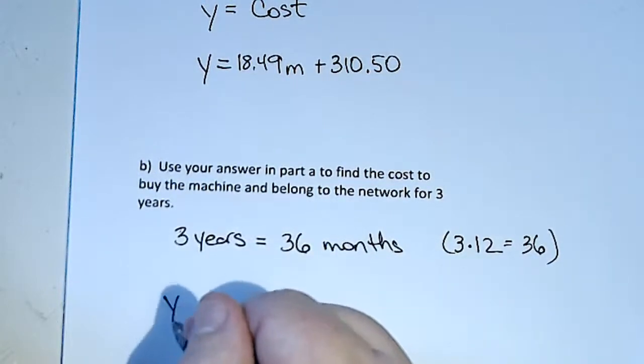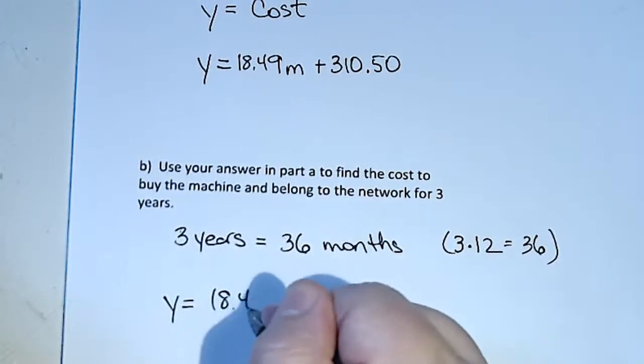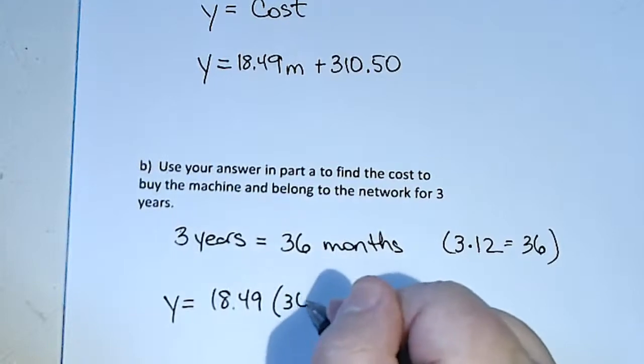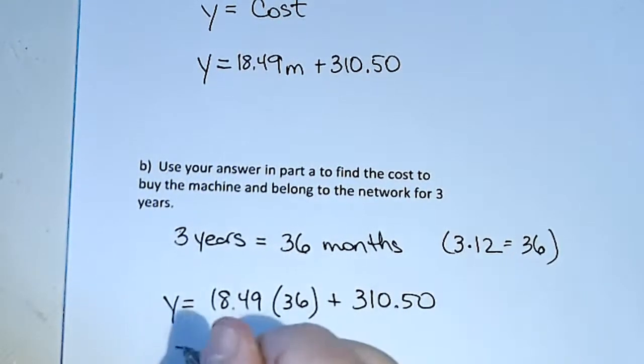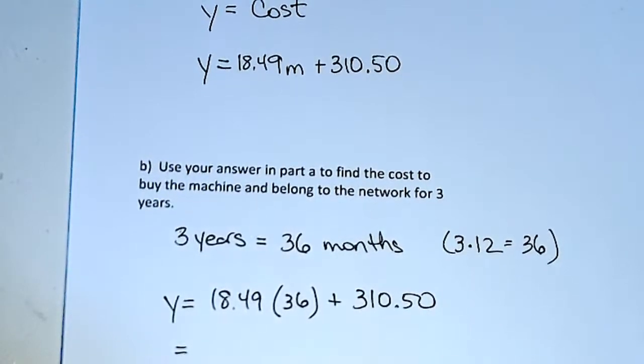Okay, so I've got Y equals 18.49 times 36, and then I add in the 310.50, and I have mislaid my handy dandy calculator.